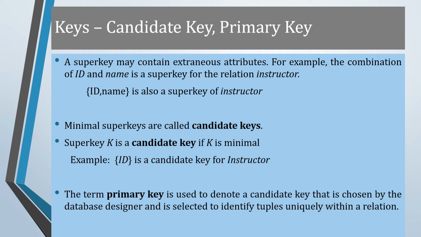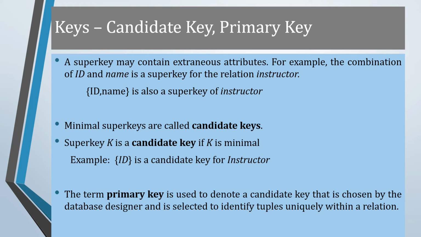For example, if you are taking ID alone, it is a candidate key for the instructor. So a super key may contain some extra attributes. We are taking the combination ID and name as a super key of instructor. But with the help of this ID itself, we can uniquely identify a particular row in the relation. So these minimal super keys can be termed as candidate keys, right?